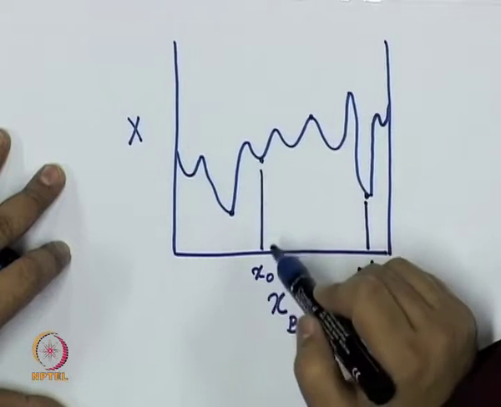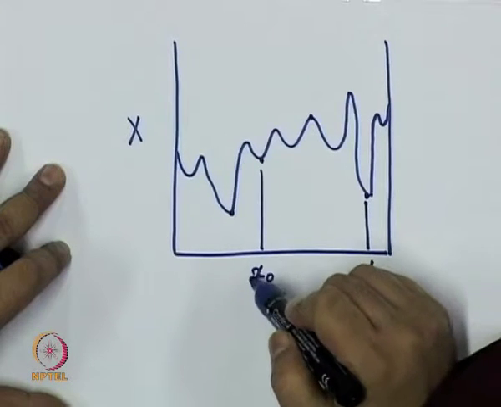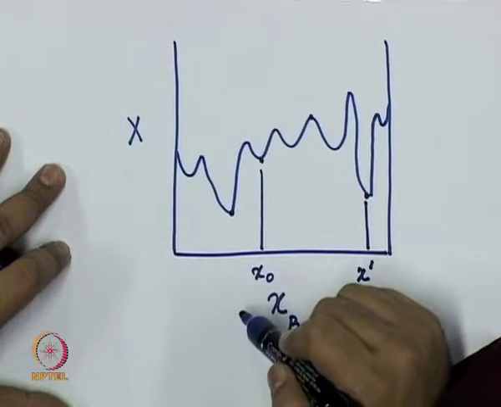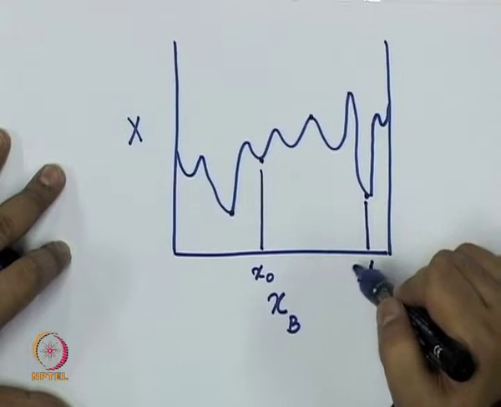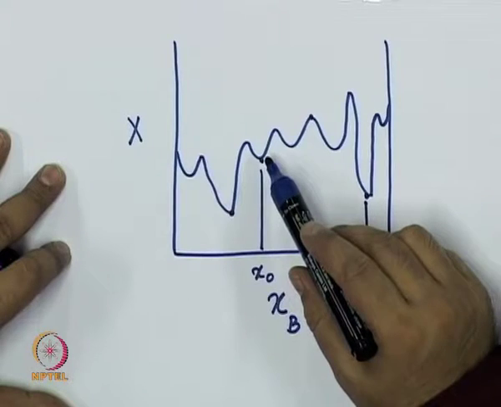Okay. So, I take a solution which is at the overall composition x naught, and let me produce some x prime from that composition.